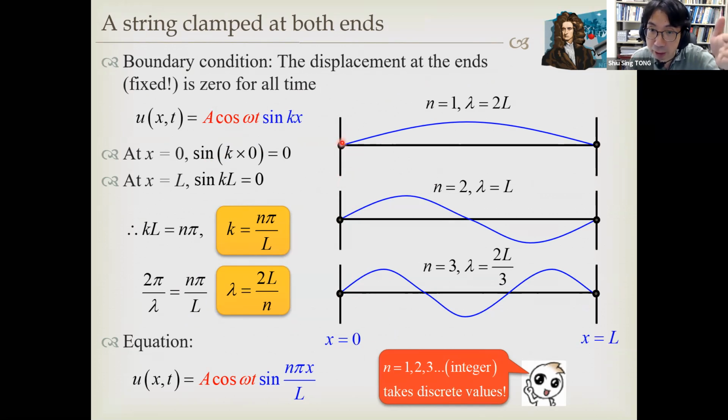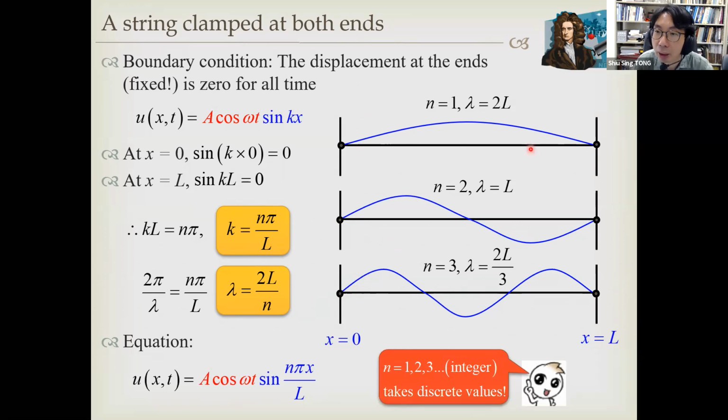Okay, suppose we fix it here. We see that with this sin kx, the left end boundary condition is automatically satisfied. Why? Because when we put x equal to 0 in the sine, k times 0 is 0. So that means the disturbance here is always 0. And that exactly satisfies our requirement that this is a fixed end.